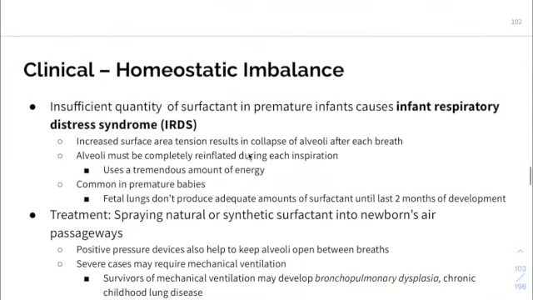When an infant is born prematurely, their lungs aren't producing the surfactant that is needed to reduce that surface tension. And that is what causes infant respiratory distress syndrome.